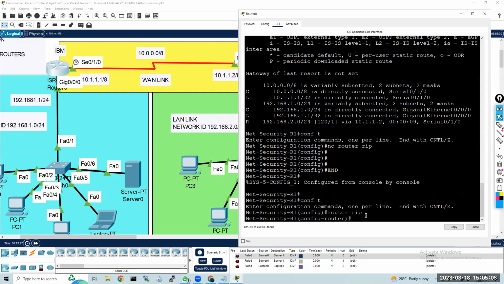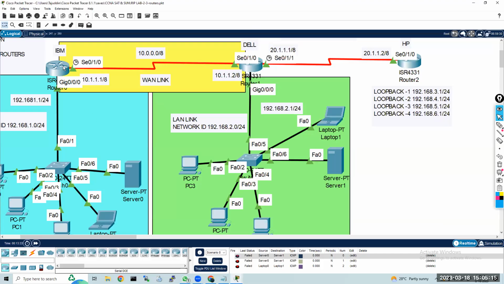Now tell me which networks you have to authorize. First understand this before I jump into the lab. Right now I'm in R1. Tell me which networks I should configure. This is my network 1, then this is my network 2. In R1 I should configure these, correct?